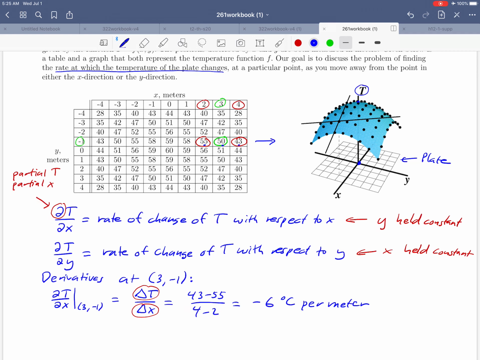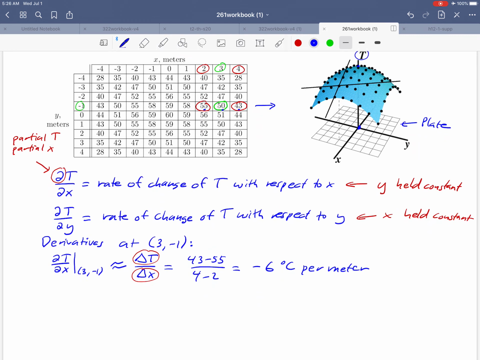And actually, instead of saying equals here, I should say is approximately equal to, because we'll see in a minute why this is just an approximation. So there's the approximate rate of change of temperature in the x direction. It's decreasing. The temperature is decreasing.